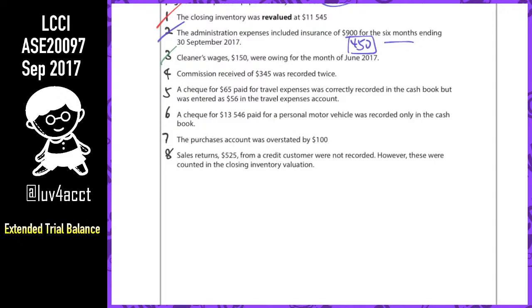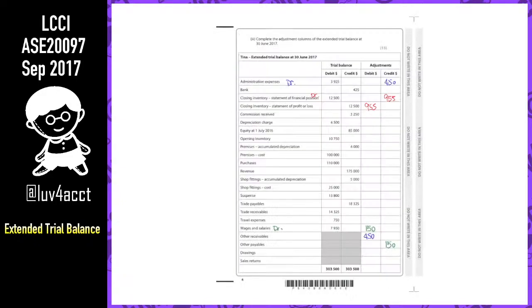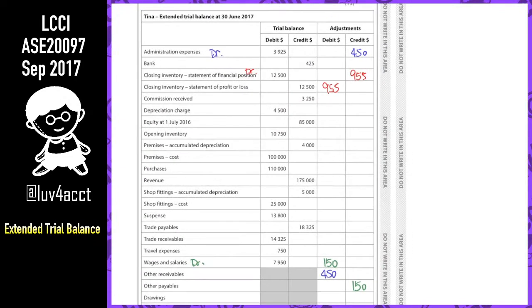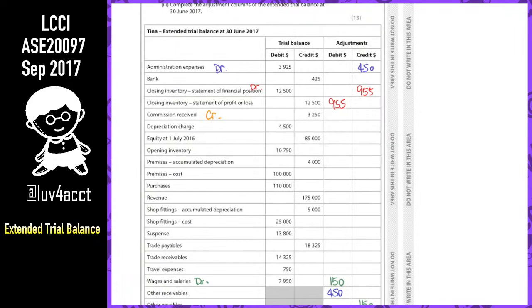Item 4: commission received was recorded twice, 345. So recorded twice, so we take back one time. Commission received is in the credit side, so by reducing we have to debit 345, and then from bank 345.